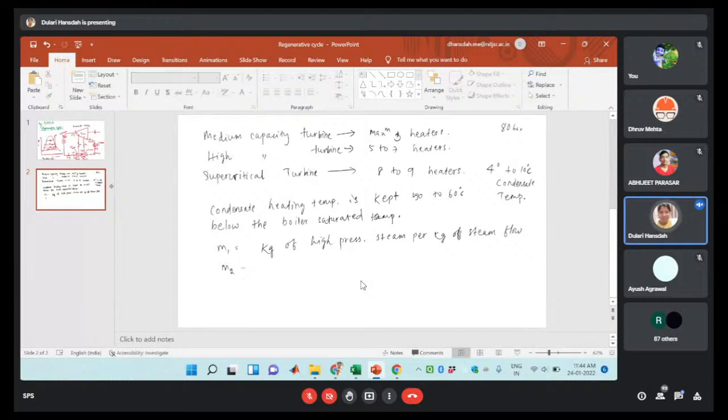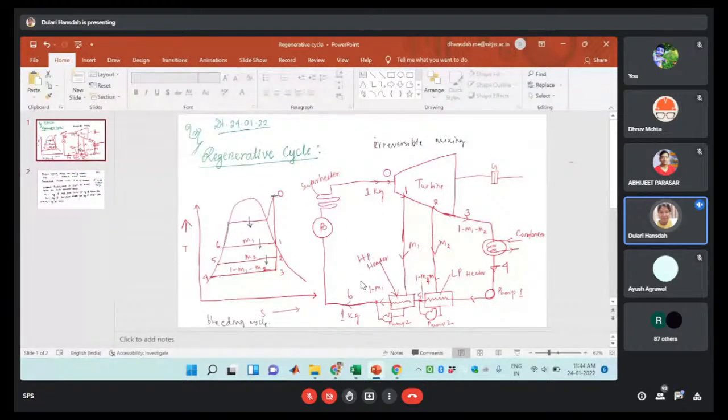Similarly, m2 is kg of low pressure steam per kg of steam flow. Then we have 1 minus m1 minus m2, which is the kg of steam entering the condenser.